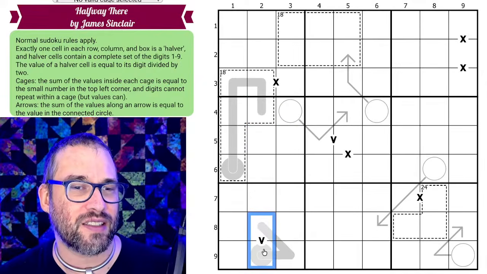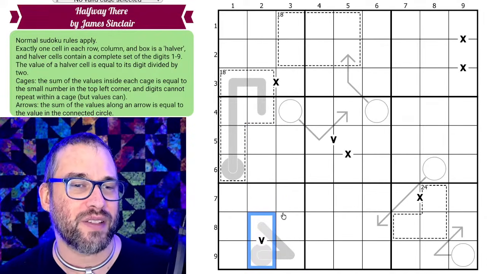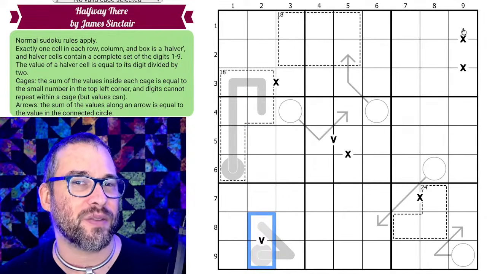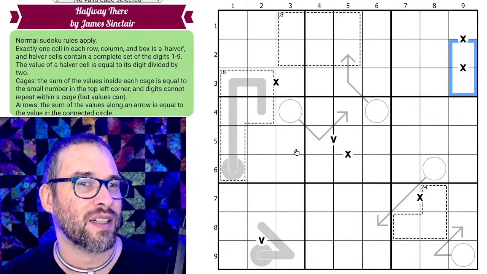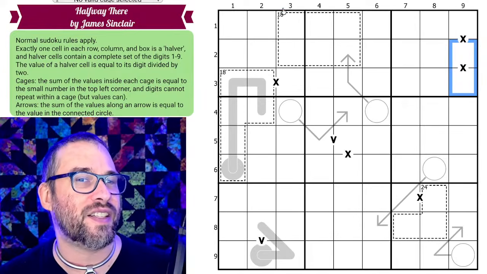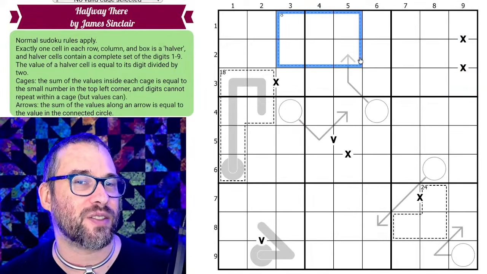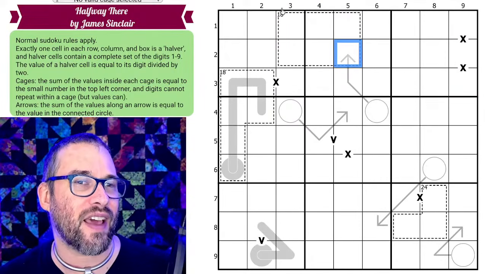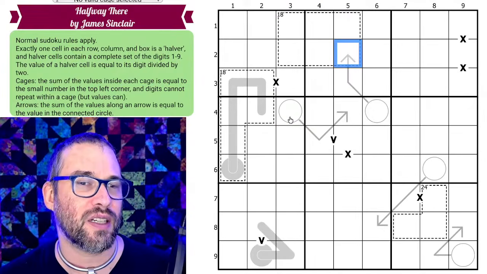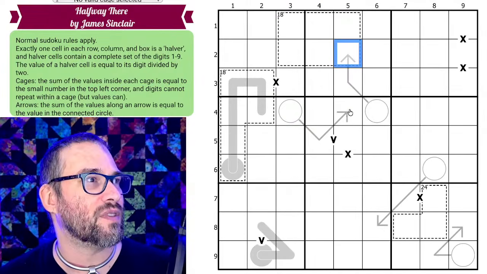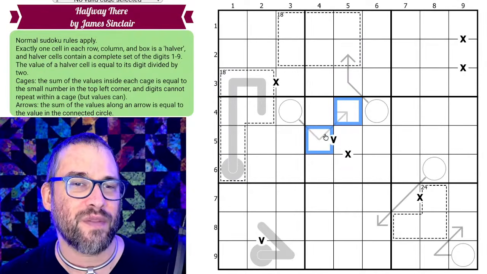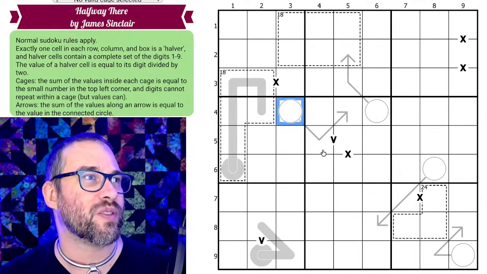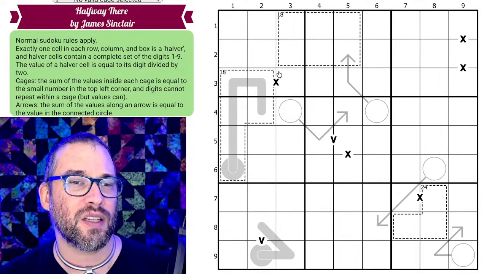Values in cells separated by a V sum to 5. Values in cells separated by an X sum to 10. Digits can't repeat in cages, though values can, and they add to the given total. The sum of the values on an arrow is equal to the value in the circle.